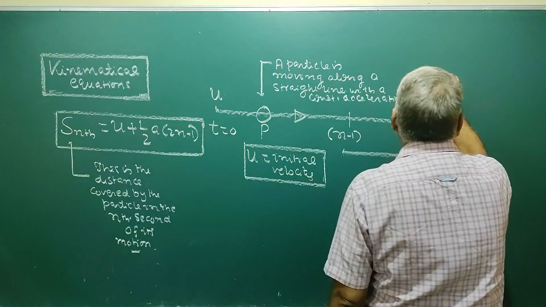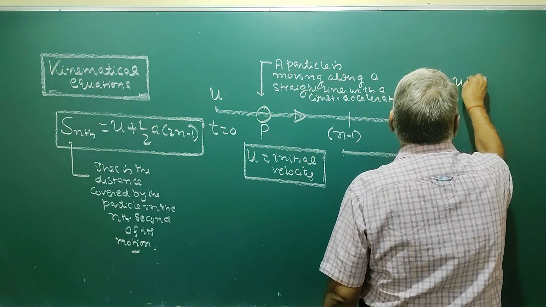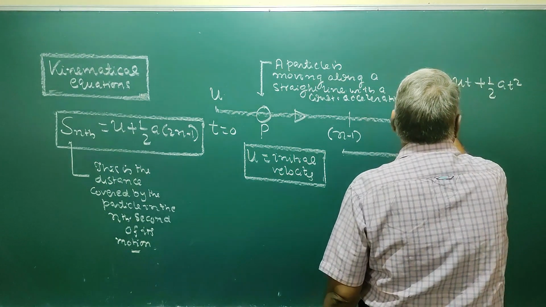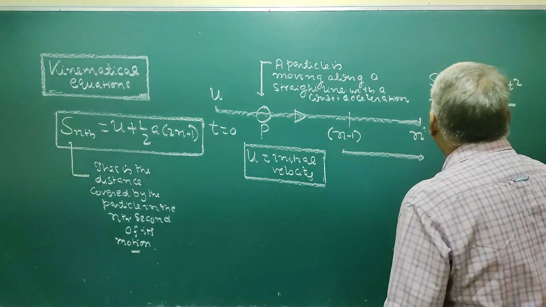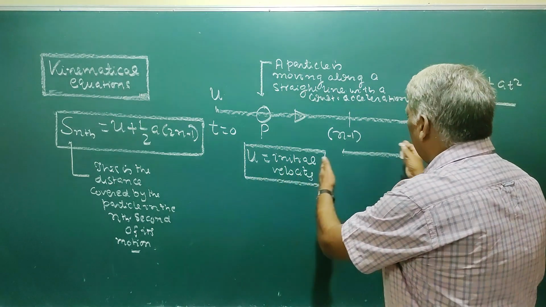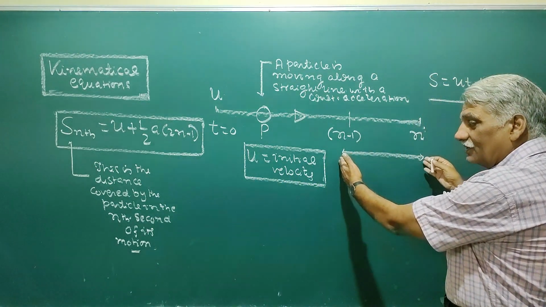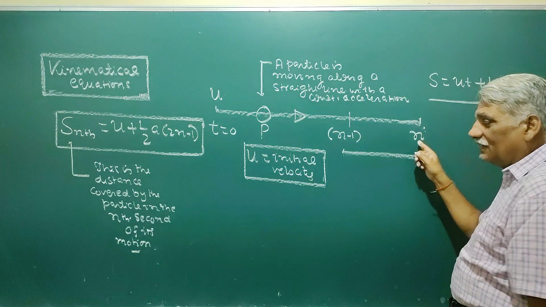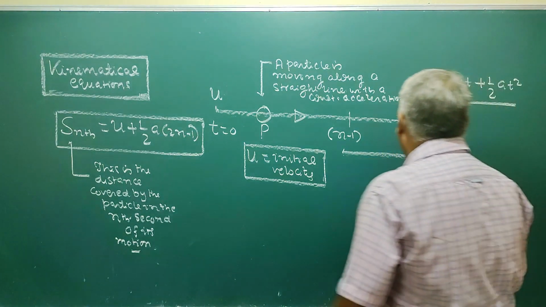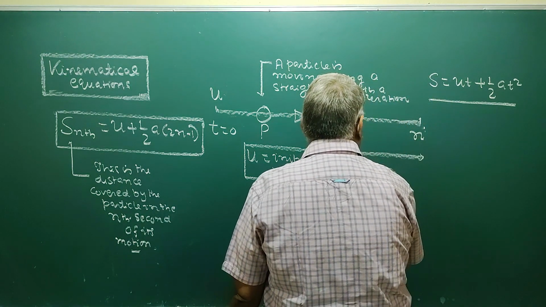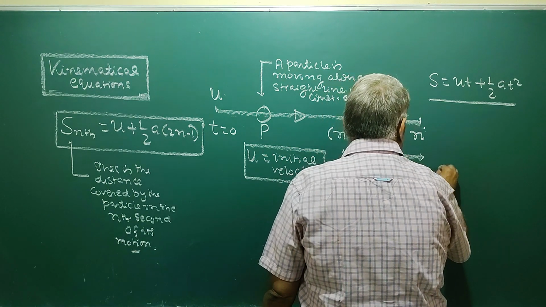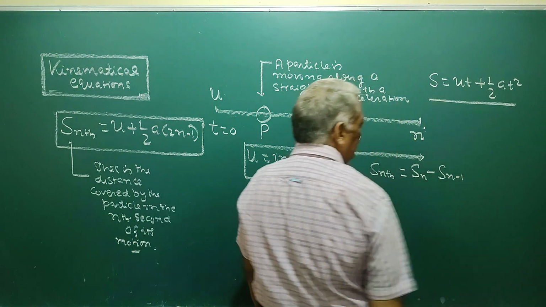ठीक, हम लोग जानते हैं s is equal to ut plus half a t square, right? Displacement in time t, this is initial velocity. n सेकेंड में कवर्ड डिस्टेंस माइनस n माइनस 1 सेकेंड. तो इसको लिख सकते हैं हम लोग S_nth, this is equal to S_n minus S_(n minus 1).